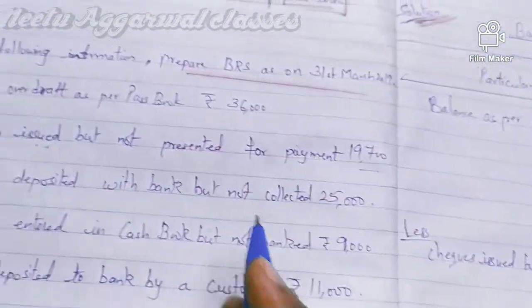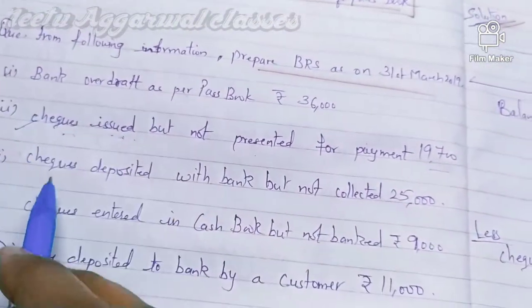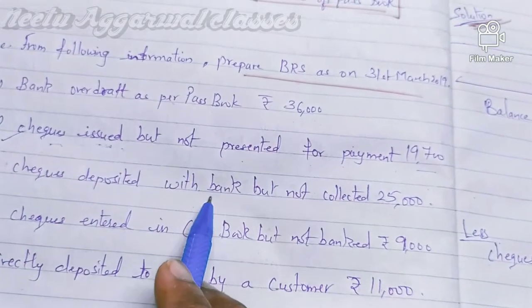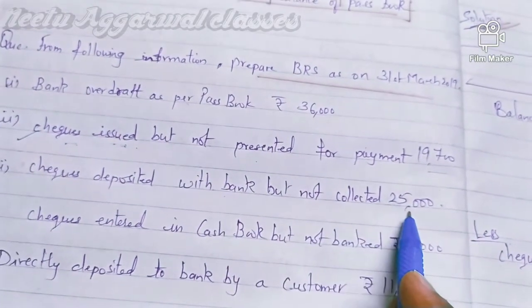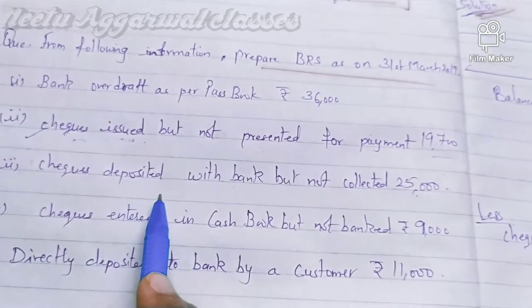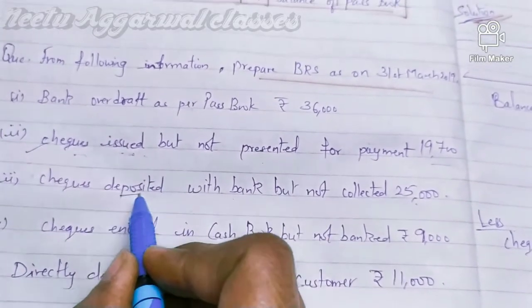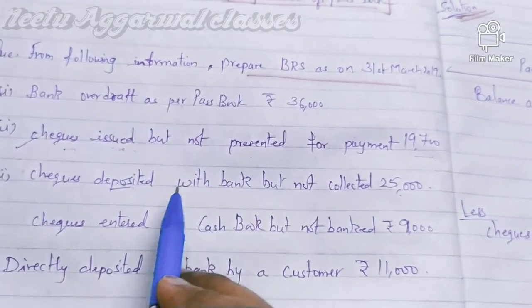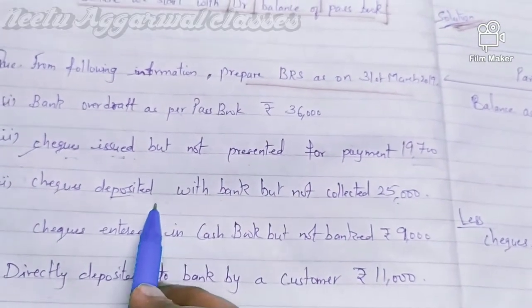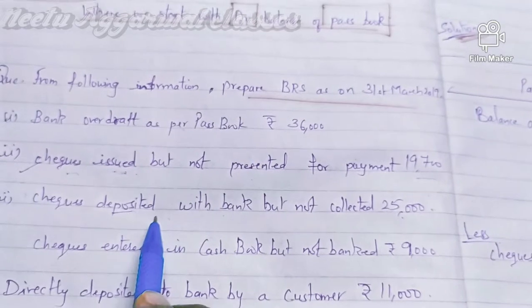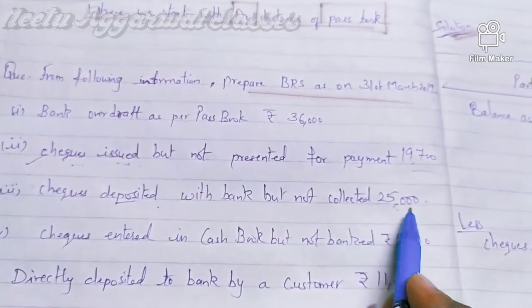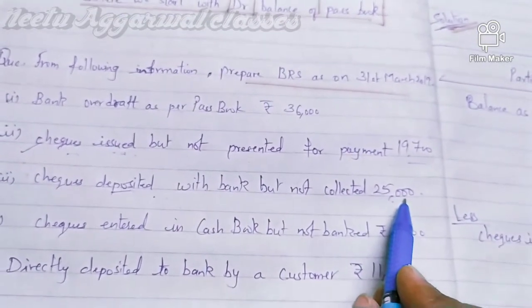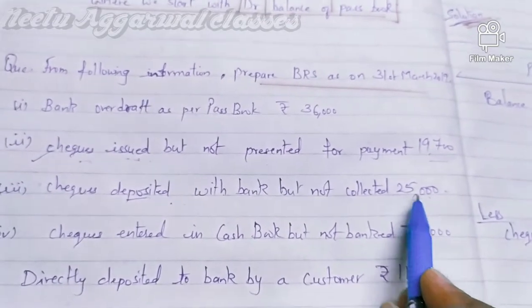So this is 19,700, right? Checks deposited with bank but not collected, 25,000. When we deposited with the bank, we debited in the cash book, but it is not collected yet according to the bank. So bank has not credited this amount.